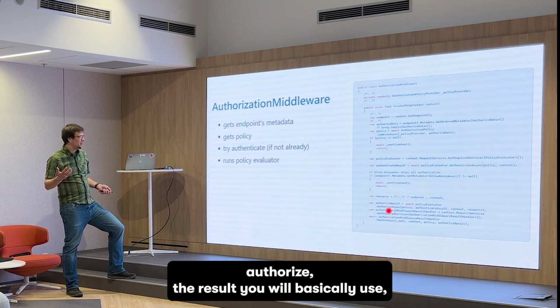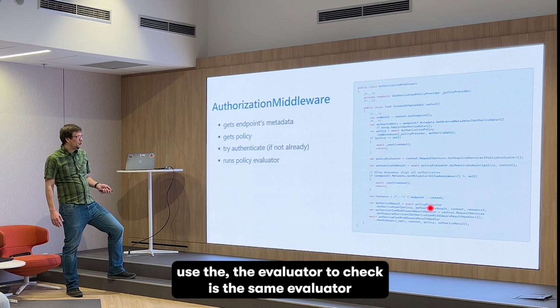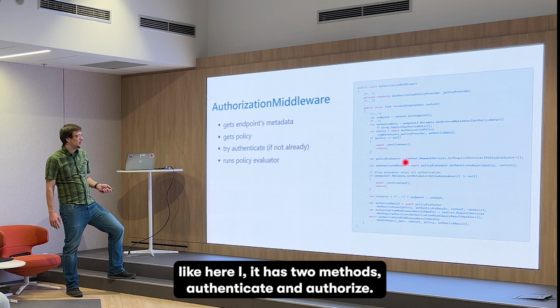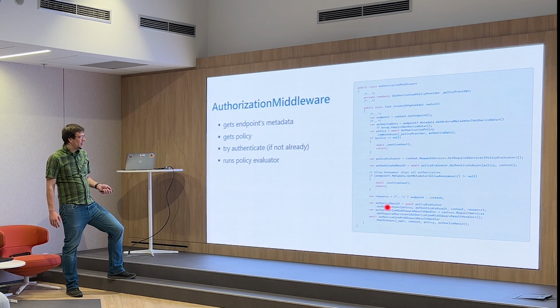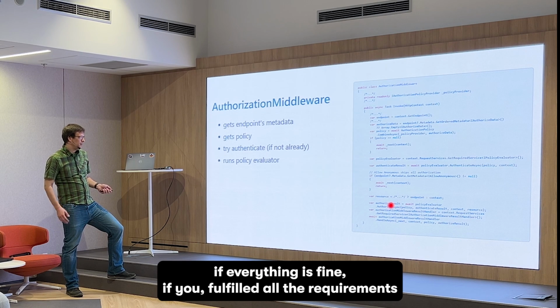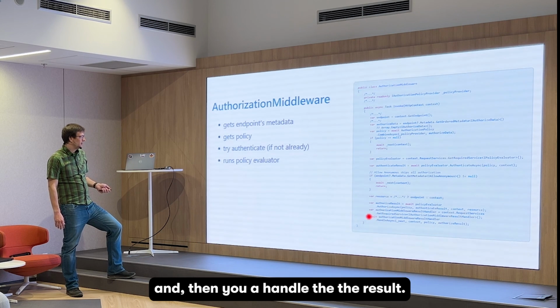You will basically use the evaluator to check. It's the same evaluator as here. It has two methods, Authenticate and Authorize. It will basically check if everything is fine, if you fulfilled all the requirements. And then you handle the result.